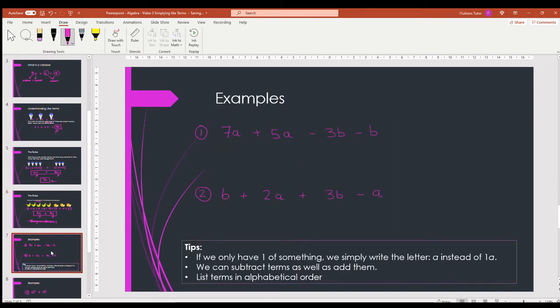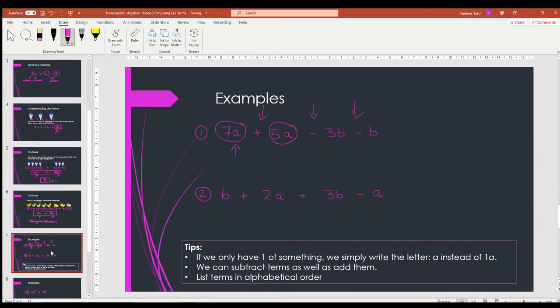I just want to do a few more examples with you. So let's look at the first one and start collecting any like terms to simplify this. So I'll start with the 7a and let's look for the same variables. So we've got a 5a. And it's very important when you're adding or collecting like terms and simplifying that you look at the operators that have been used before every term.